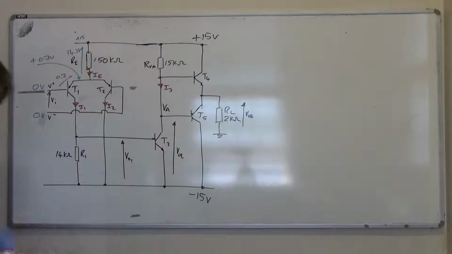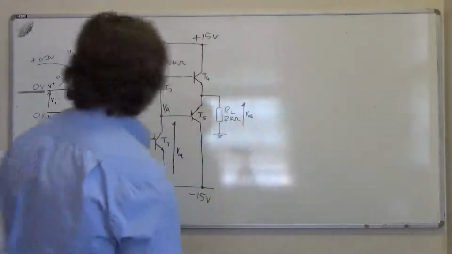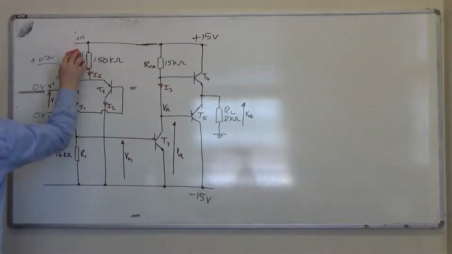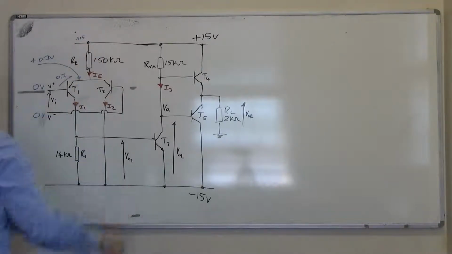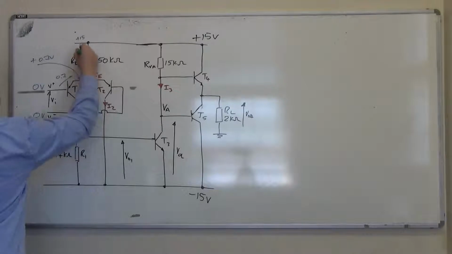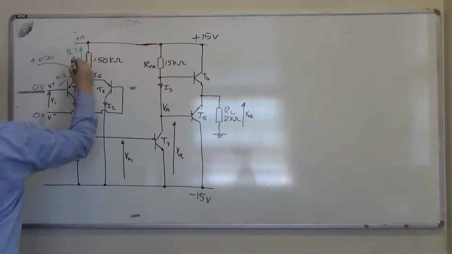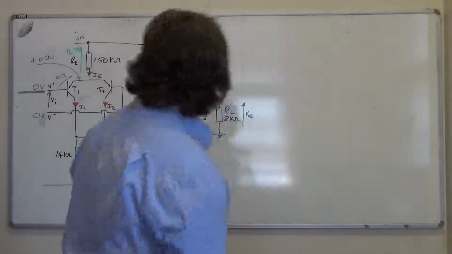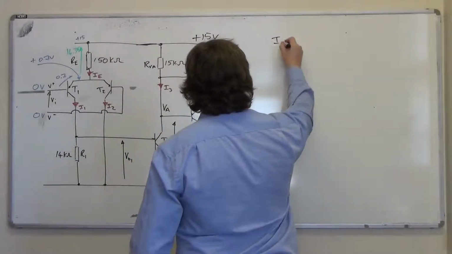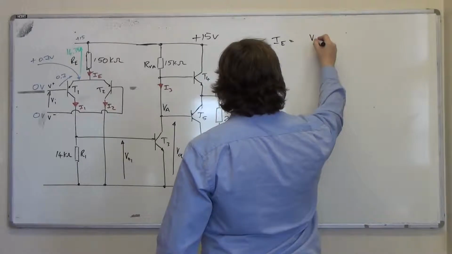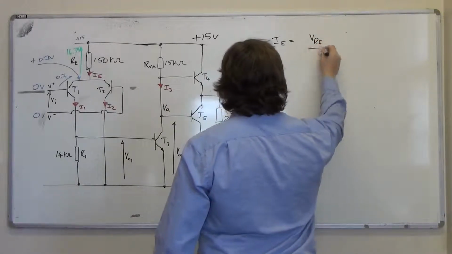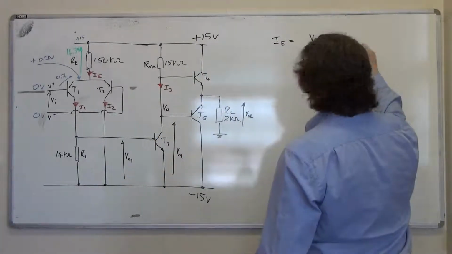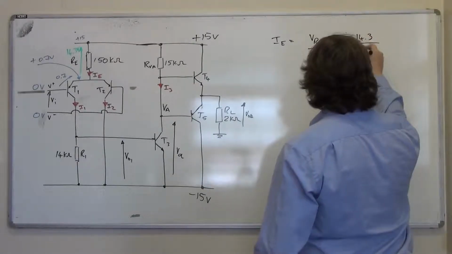I will do the across voltages in green, and with respect to ground voltages in blue, because that will make it a little bit clearer as well. 14.3 volts across the 150 kiloohms, and then it's just a case of using Ohm's law, and we'll say that IE is equal to, I'll call it VRE upon RE, so the voltage across RE divided by the value of RE, which is 14.3 divided by 150 kiloohms.